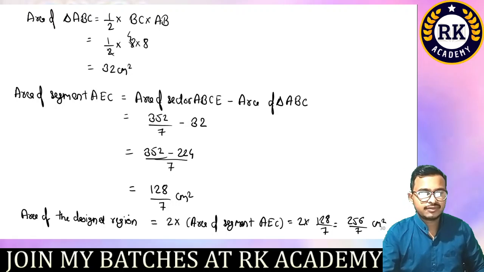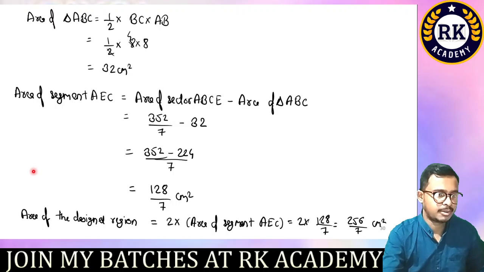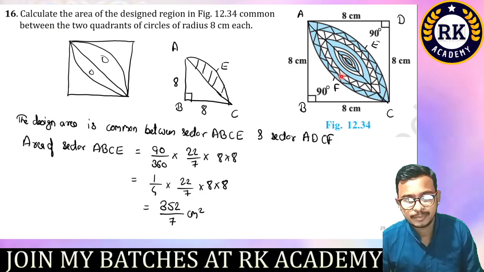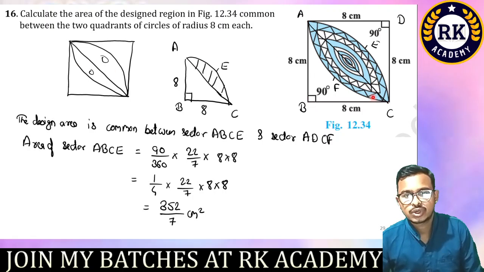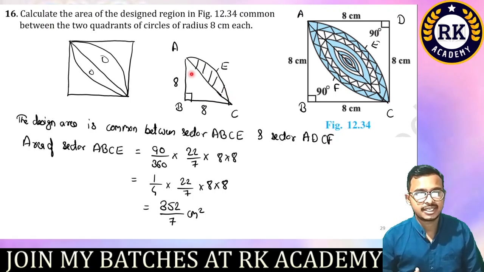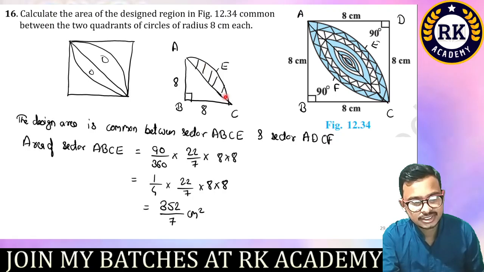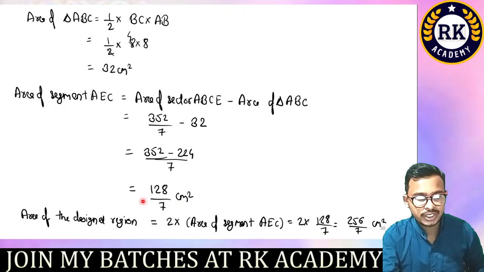Okay, so the area of the designed region, we have got it. How did we find it? First, we found the area of one sectoral portion, a segment portion, as if extracting this figure here, ABC, this much portion. Okay, then from this portion, how did we find it? First we found this shaded region. How? Area of sector ABEC minus area of triangle ABC. So the area of segment AEC is found. So what is this? Area of sector ABC, then area of triangle ABC, and then we find the area of segment AEC. Means only this part is the area which is 128 upon 7.